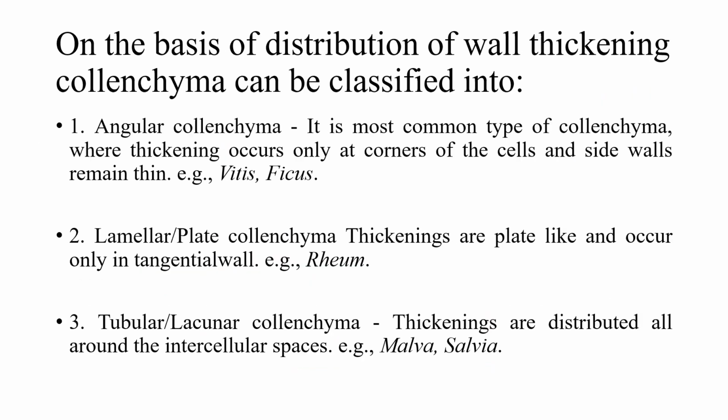Then, on the basis of distribution of wall thickening, collenchyma can be classified into angular collenchyma. It is the most common type of collenchyma, where thickening occurs only at the corner and side walls remain thin. It is present in Vitis and Ficus. Then lamellar or plate collenchyma, where the thickenings are plate-like and occur in the tangential wall. Suppose this is the cell, the thickening is present throughout the walls.